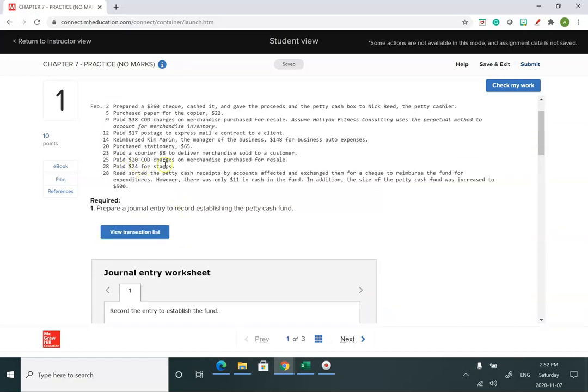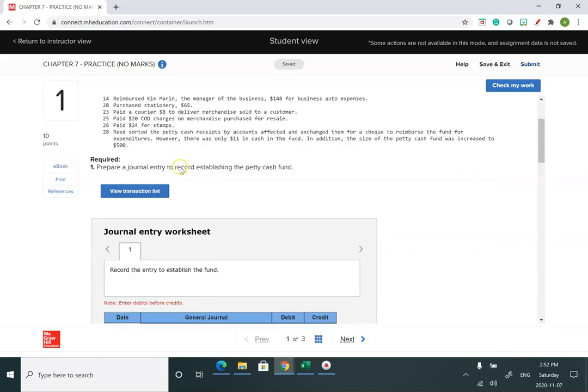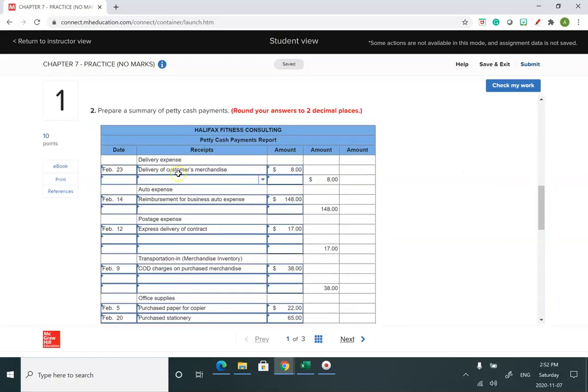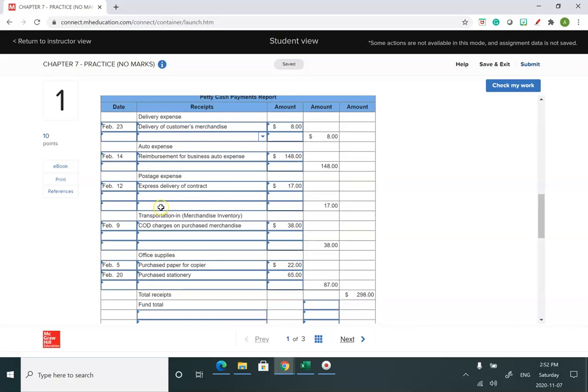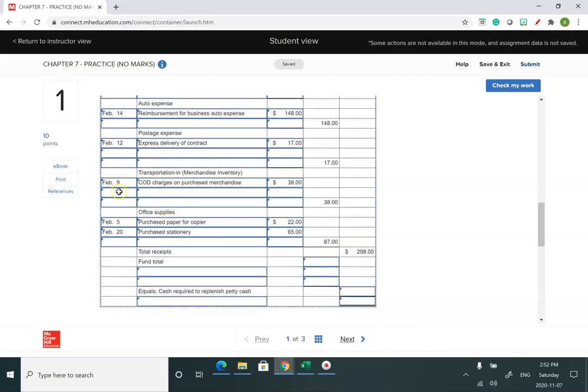On the 25th, it said paid $20 COD charges on merchandise purchased for resale. So again, I'm going to put that under inventory. So here's my inventory account. February 25th, COD charges, and that's $20.